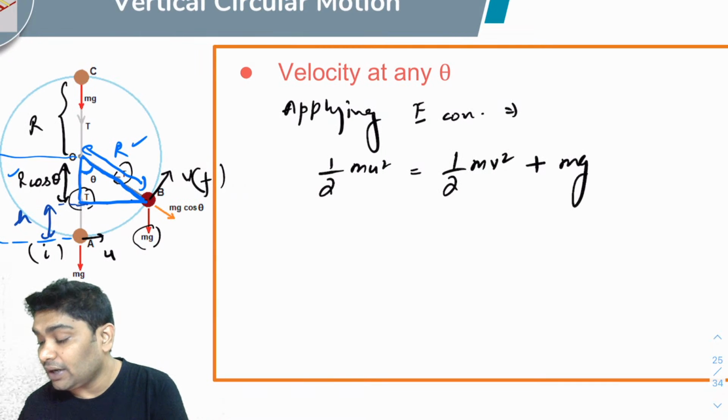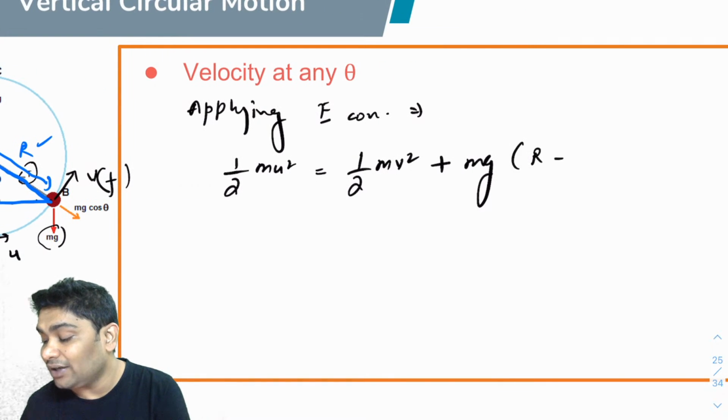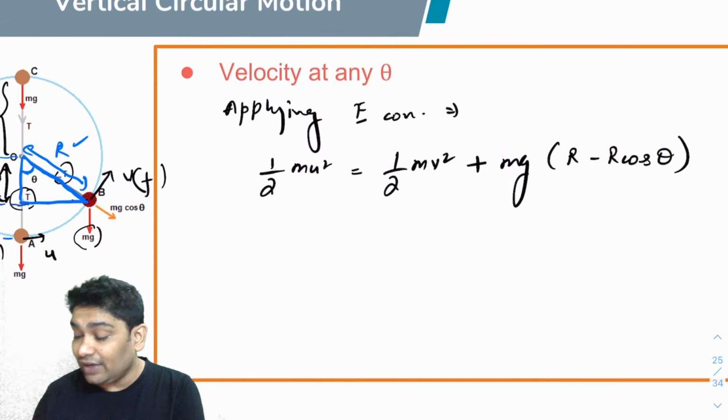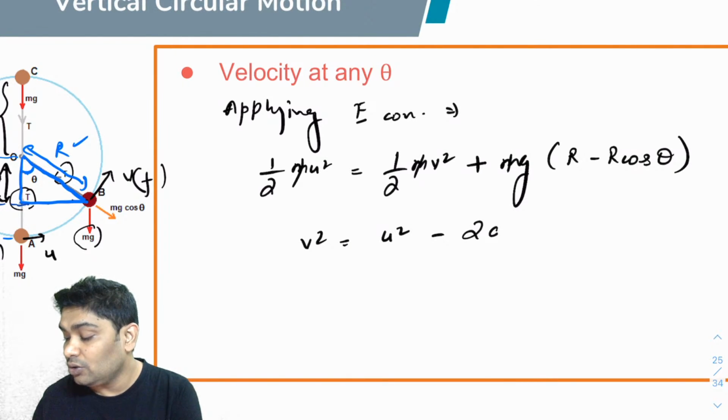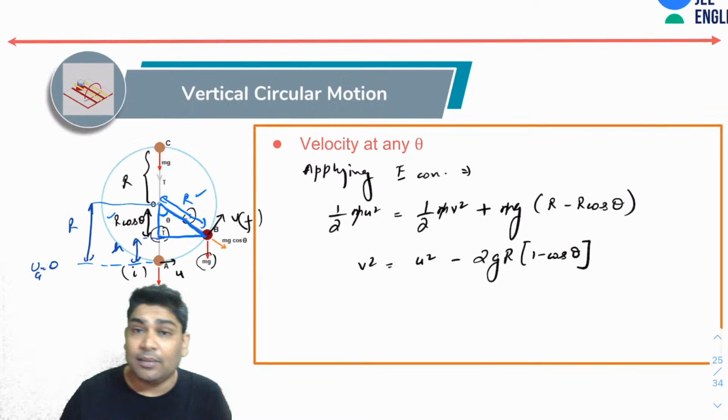Plus mg times h, and h would be r minus r cos theta. So from here I will get the expression for v. So it turns out v square equals u square minus 2gr times (1 minus cos theta). So this is the expression that I am getting for velocity.